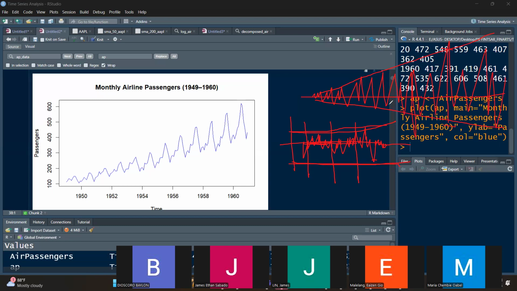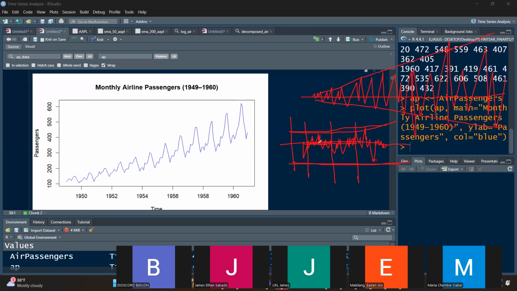So this we say is an example of a time series that, although it's stationary in mean, because there is really no trend, it's not going up nor going down, is not stationary in variance.